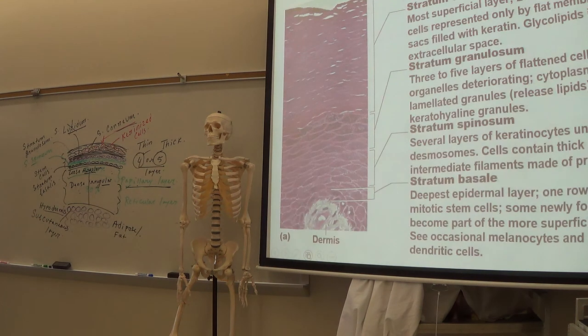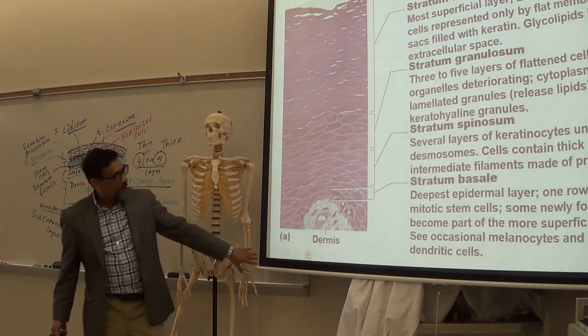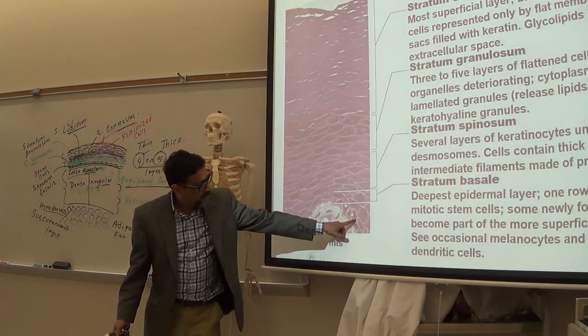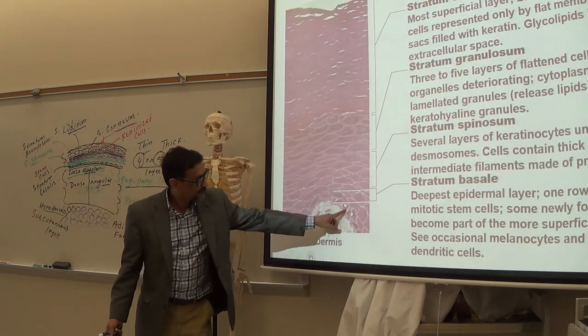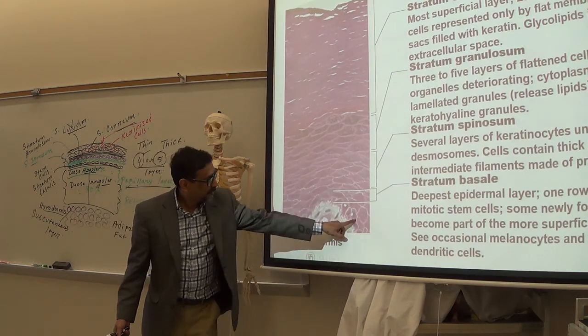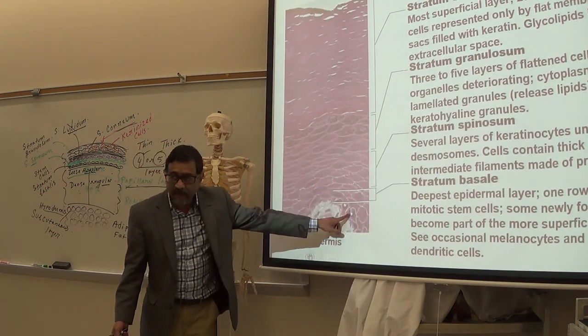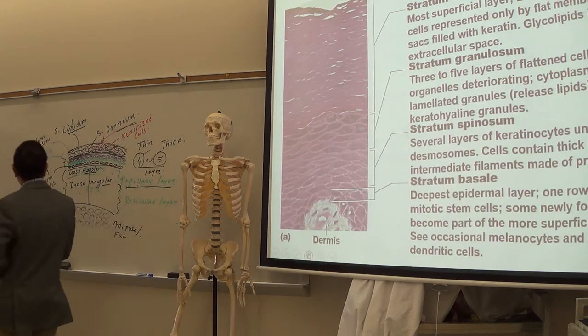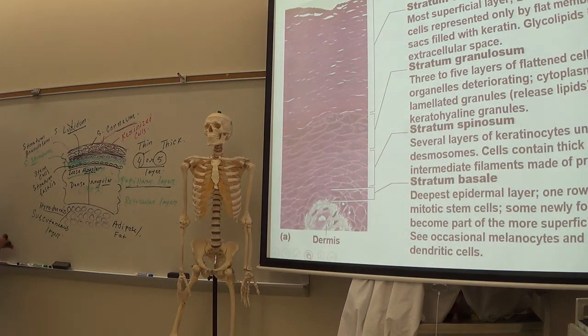Okay, here you see, this is the stratum basalis, also called stratum germinativum. Why is this also called stratum germinativum? Because this layer has stem cells, right? That's why this is also called stratum germinativum.